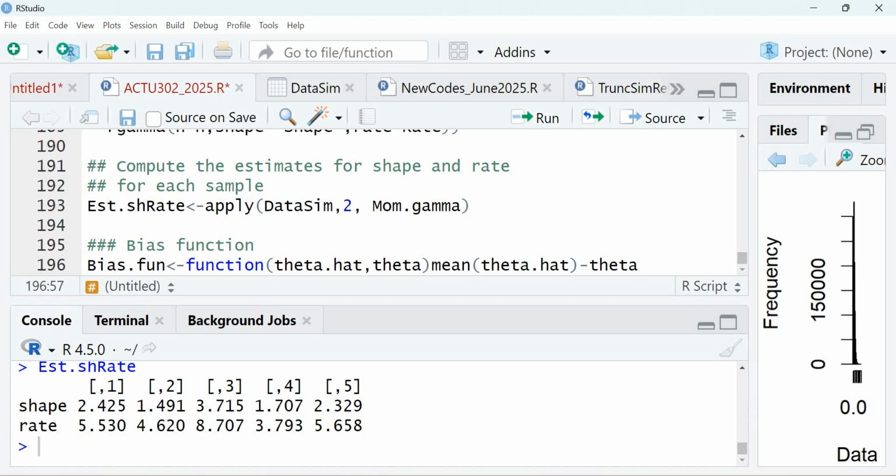Okay, what else? We need mean square error as well. How can we compute the mean square error? So usually when I write this function, I put them together. What will be the argument for the mean square error?